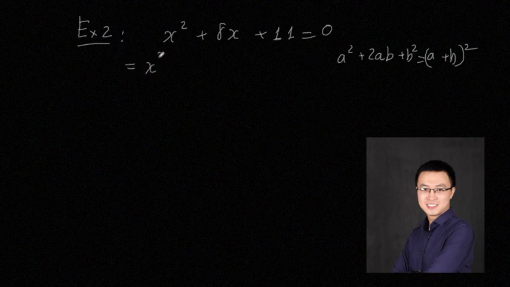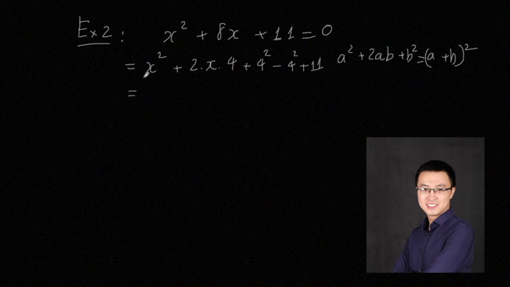We have a squared here and plus 2ab. We write a and you identify b is 4. You know b, so you have to write down b squared, 4 squared, and you have to minus 4 squared, because we added 4 squared, to keep the original equation unchanged, and you write 11.